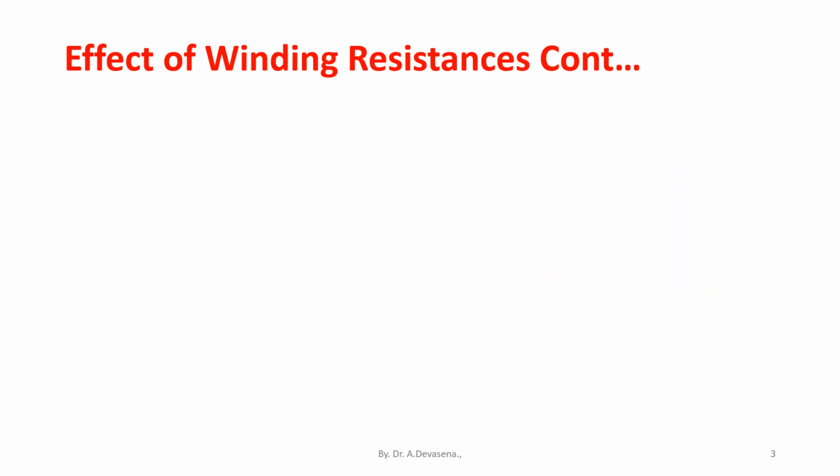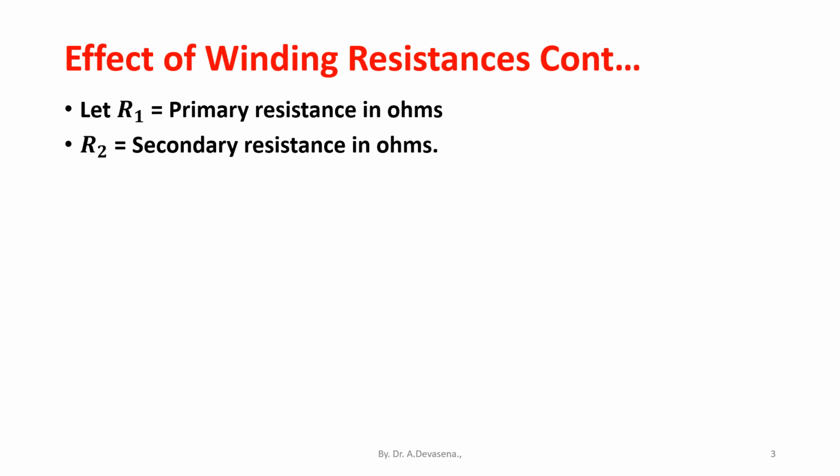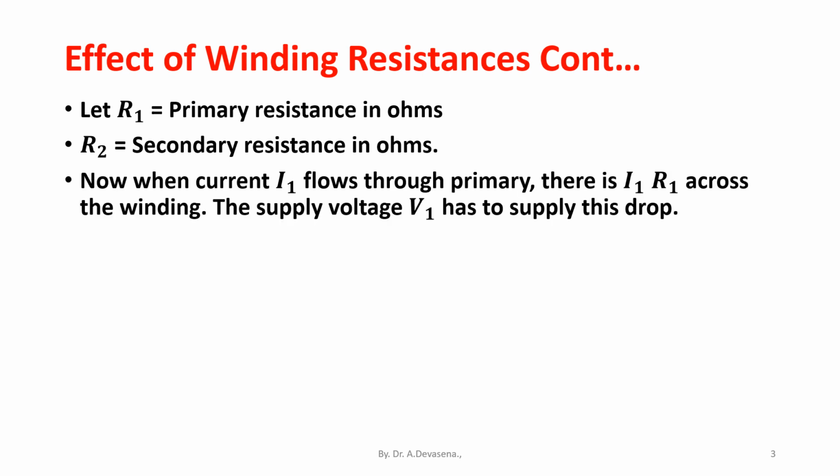Let R1 be the primary winding resistance in ohms, and R2 the secondary winding resistance in ohms. When current I1 flows through the primary, there is a voltage drop I1 R1 across the winding. The supply voltage V1 has to supply this drop.